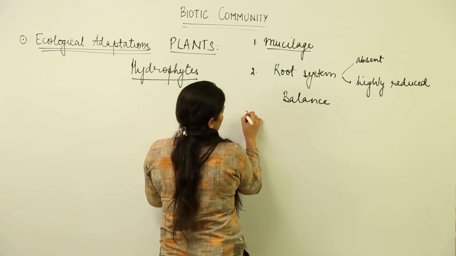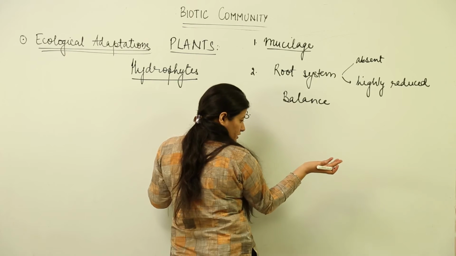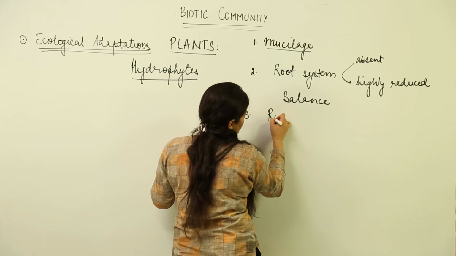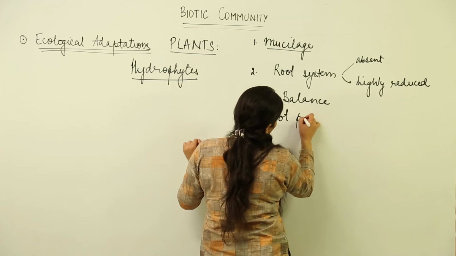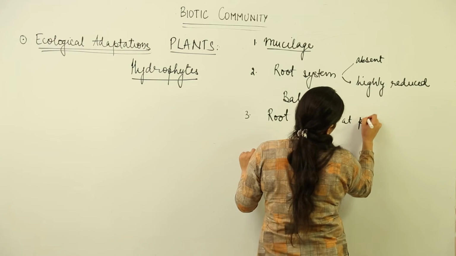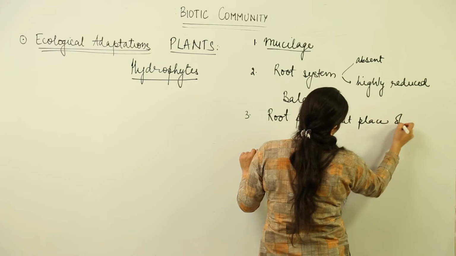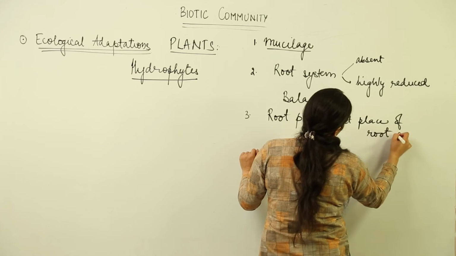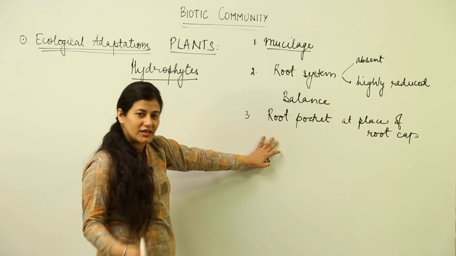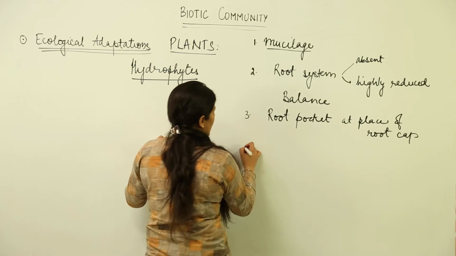So the root hairs are also absent or highly reduced, and then we have root pocket in place of root cap. That means instead of root cap, in whatever root system is found, there would be root pocket. Again, that is for providing balance and floating.